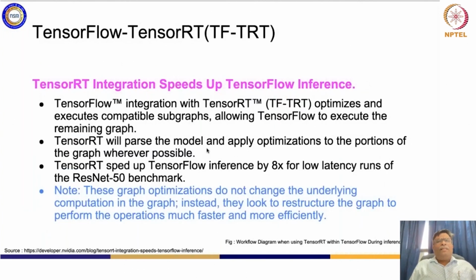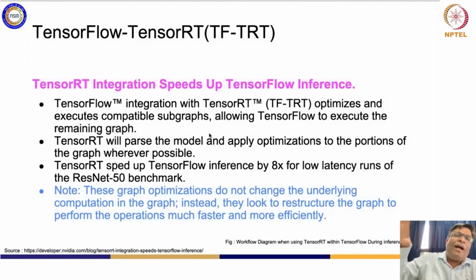Okay. So TensorRT with TensorFlow. So now the idea is, let us say we have a TensorFlow program, and this TensorFlow program needs to be converted into a TensorRT program or a TRT program. So TF-TRT is what we generally call it. So TensorFlow integration with TensorRT. Okay. So when you do this, you basically are trying to work with subgraphs. Okay, and then trying to understand how a TensorFlow graph can be converted into an optimized TensorRT graph.